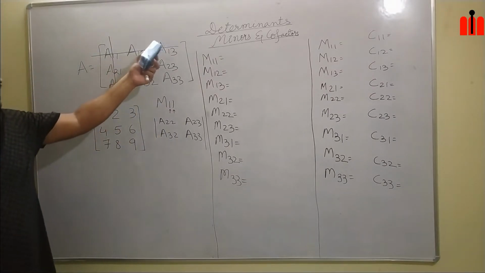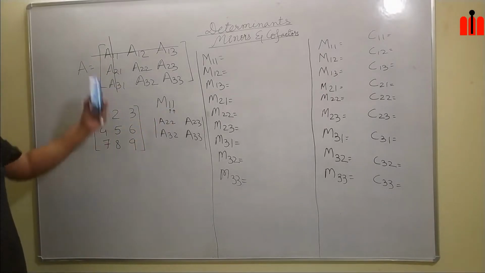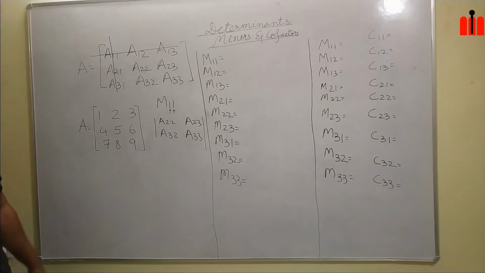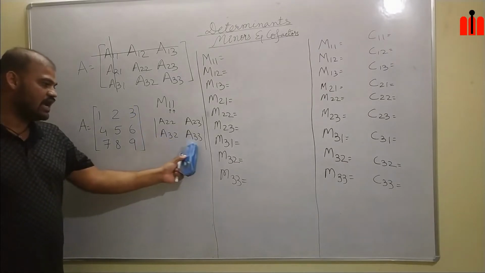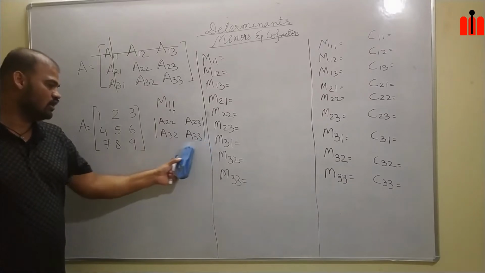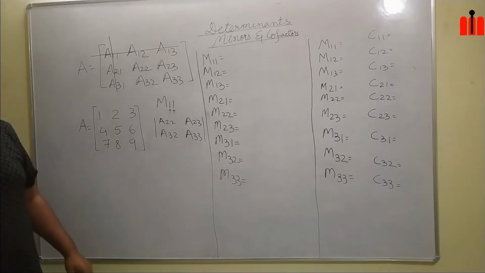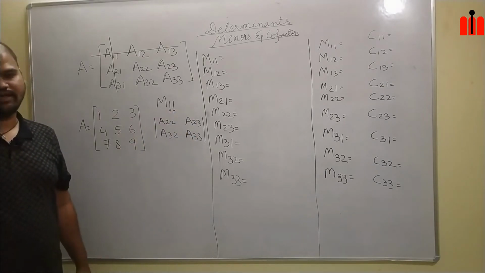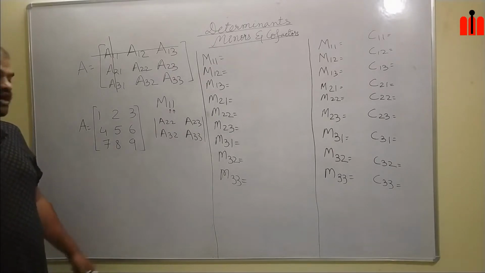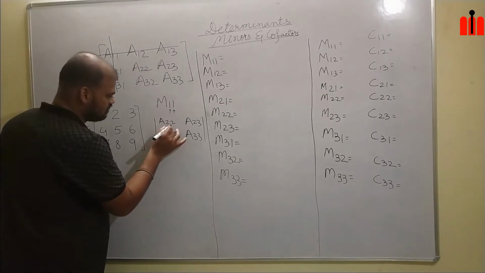With these 4 elements, we have to find now minor. These elements are not from the first row and first column. We had struck that out, right? This is what our first step is. Now, after that we had identified which elements will be used for finding the minor. Now, what will be the minor value? For that, you just remember this arrow.